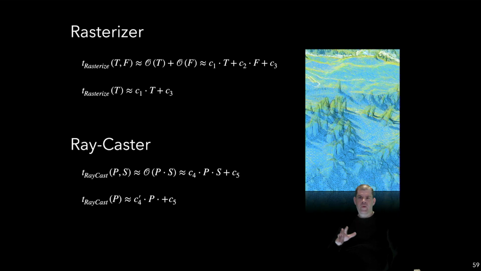So again, we can encode this number of steps into the constant. Maybe we say, okay, it takes 10 times longer. So we get another constant that I call C4 prime instead of C4. But bottom line is, it's also a pretty decent approximation to say this thing depends on the number of pixels and the other one depends on the number of triangles. And that's nice because these two things are entirely independent.